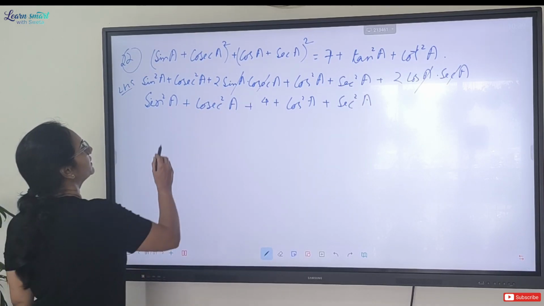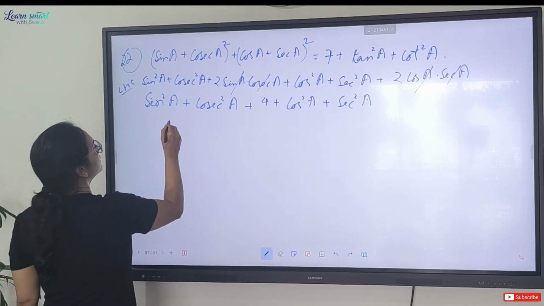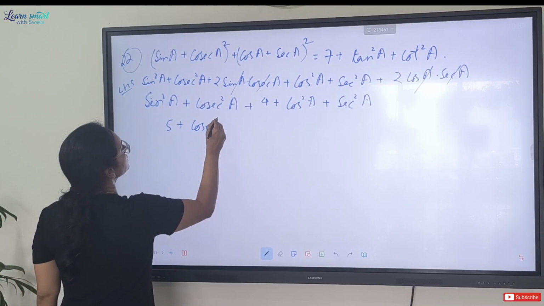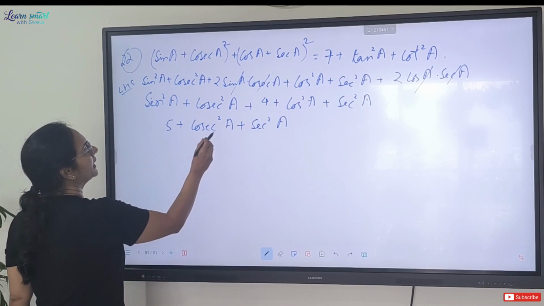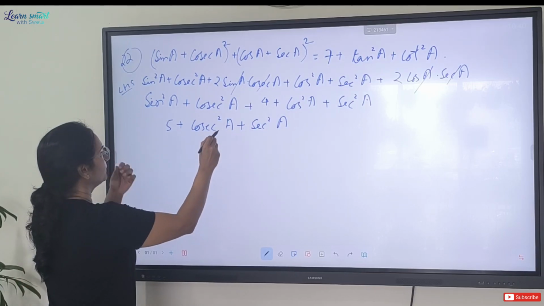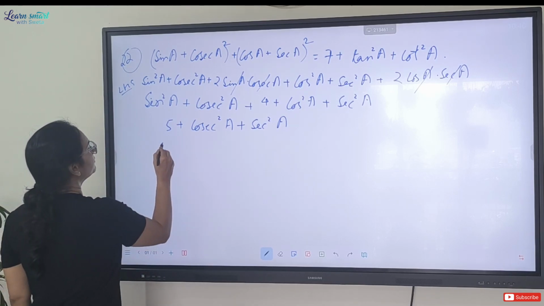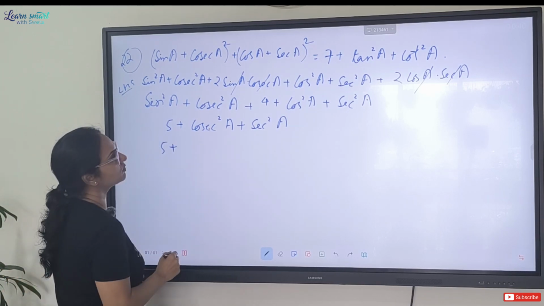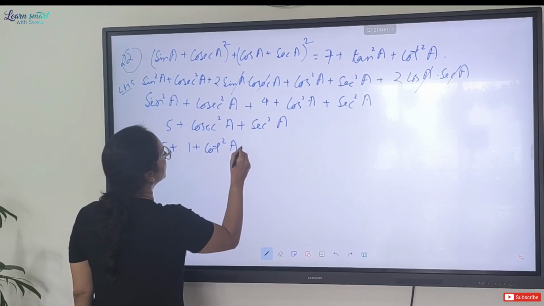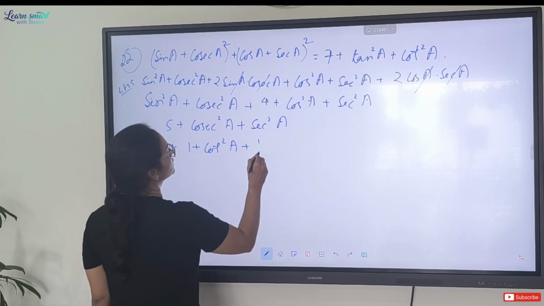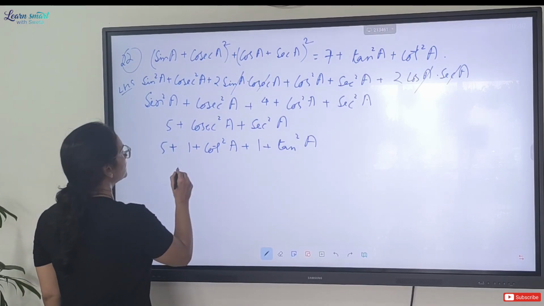Now see, we can write this sin square A plus cos square A as 1. So 4 plus 1, that is 5. So 5 plus cosec square A plus sec square A. Now we know that 1 plus tan square A is sec square A and 1 plus cot square A is cosec square A. So we will write 5 plus, for cosec square A, 1 plus cot square A, and for sec square A, 1 plus tan square A. So 5 plus 1 is 6, 6 plus 1 is 7.